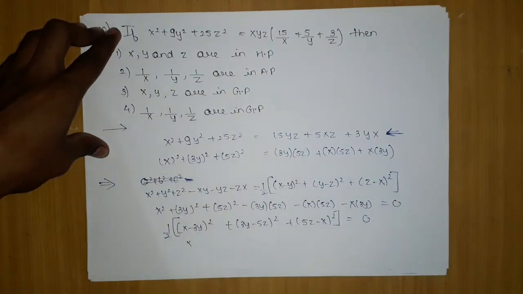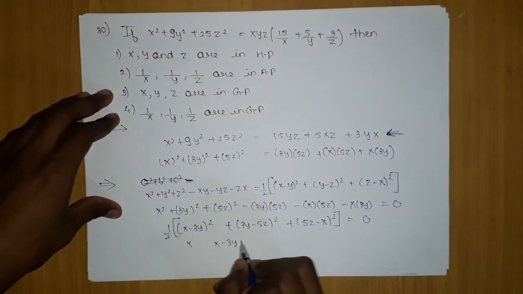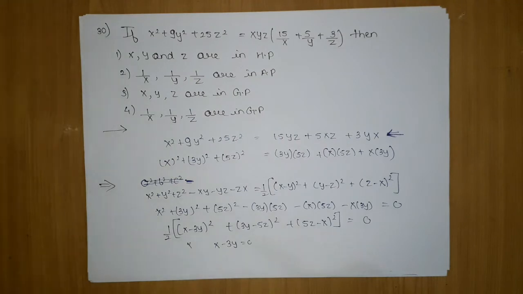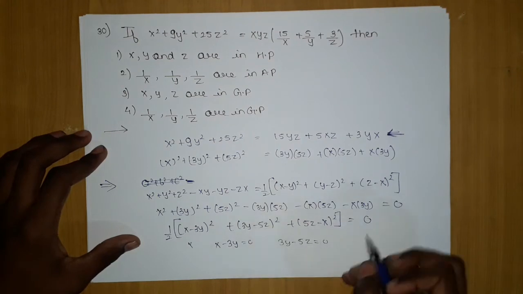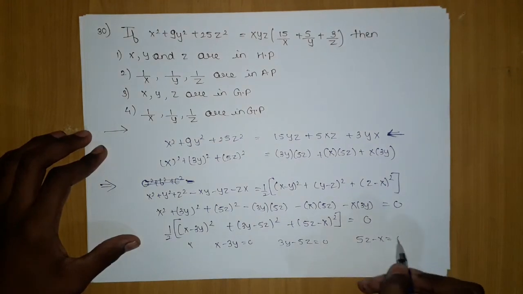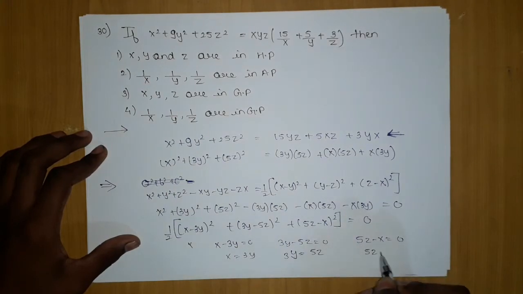The sum of squares of three terms can be 0 only if all the terms individually become 0. So x minus 3y equals 0, 3y minus 5z equals 0, and 5z minus x equals 0. So x equals 3y, 3y equals 5z, and 5z equals x.